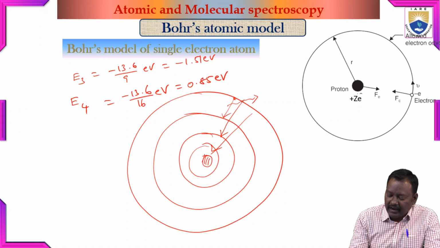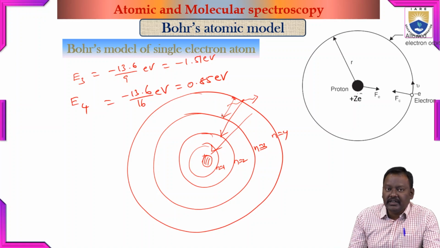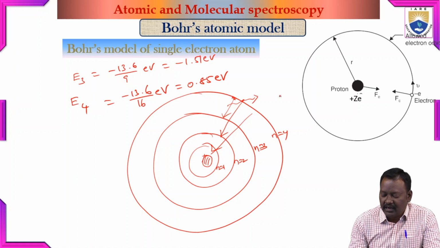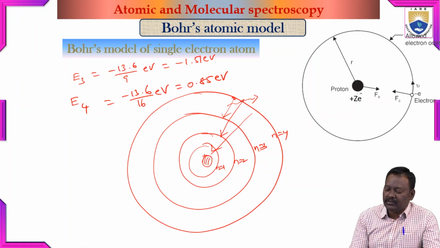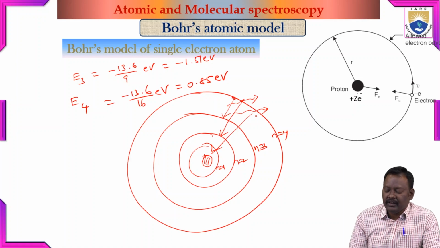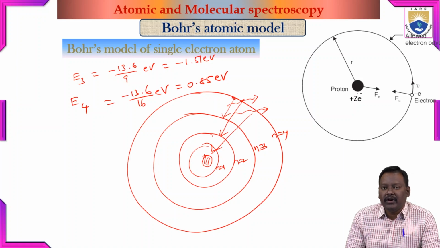When the electron is jumping from, for example, n equal to 4 to n equal to 3 orbit, it must emit radiation of a particular wavelength. And when the electron is jumping from n equal to 4 to n equal to 2, it also must emit radiation of a particular wavelength. So wavelengths are different when they are jumping from one orbit to another different orbit.